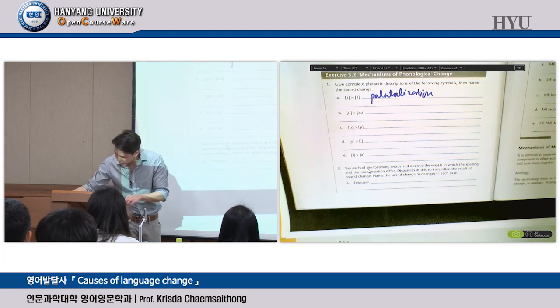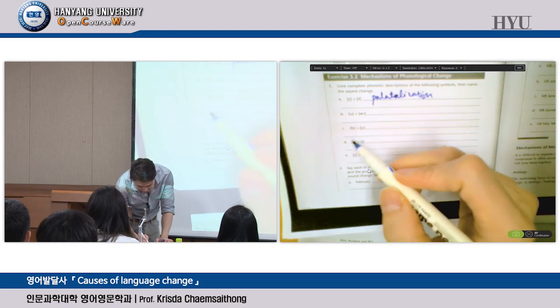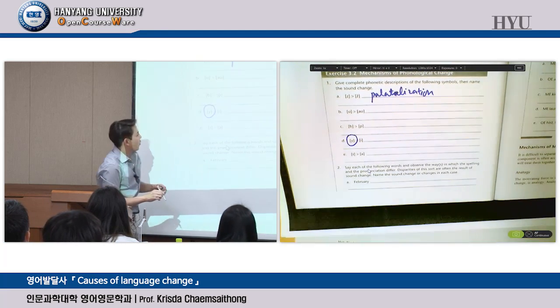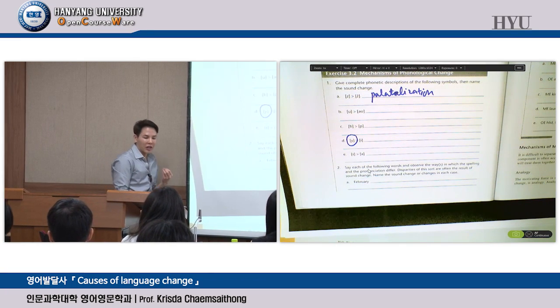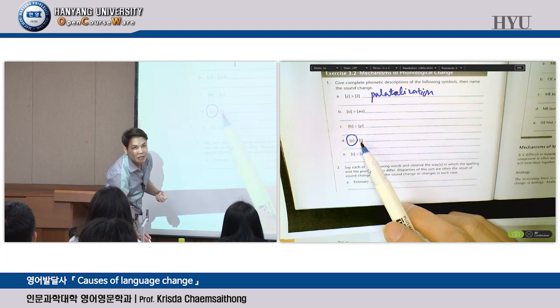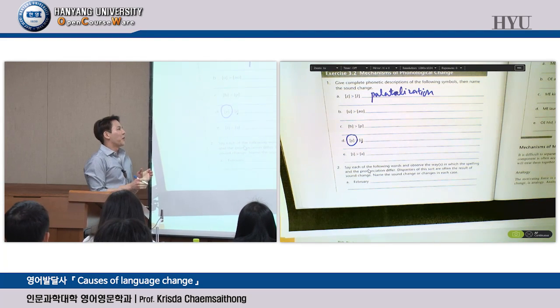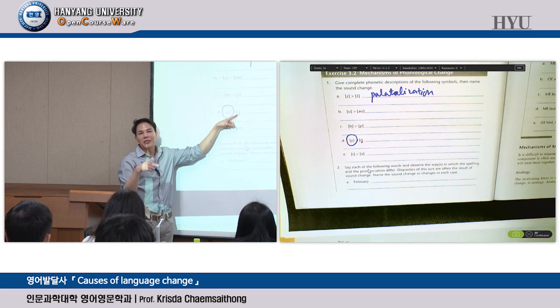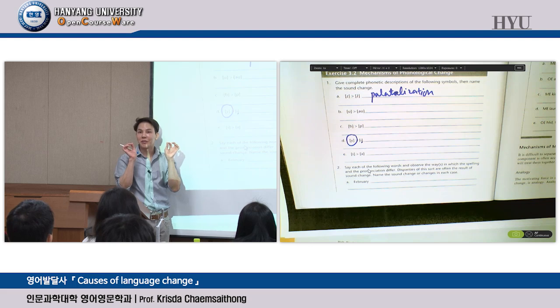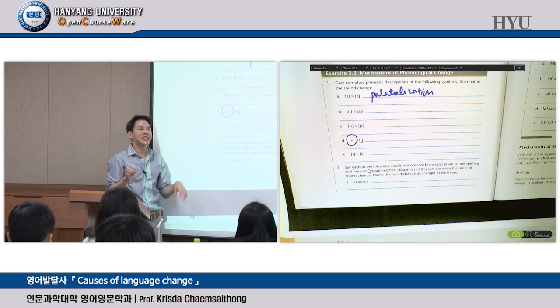What you might not be able to do is this one. Y here is a rounded version of this one. So when you pronounce Y, just like you pronounce E but round. So E, that's spreading of the lips, that's unrounded.